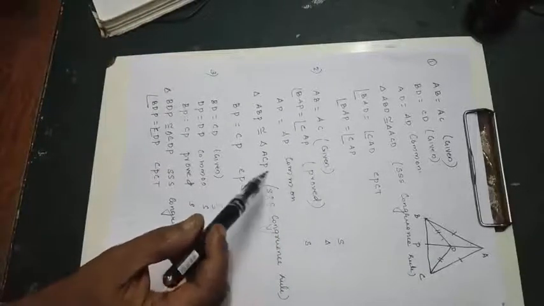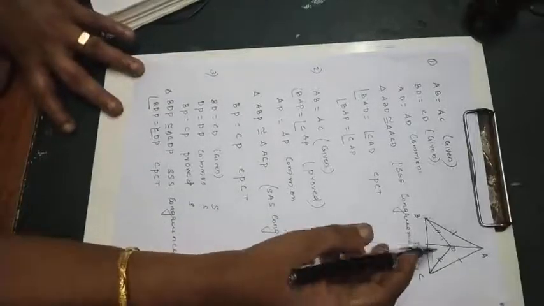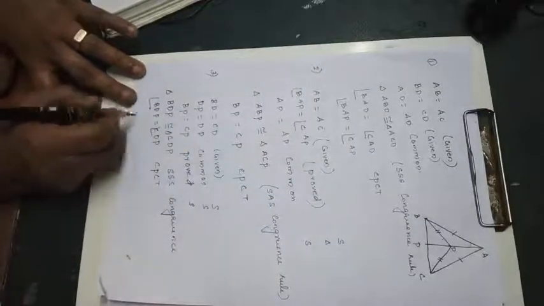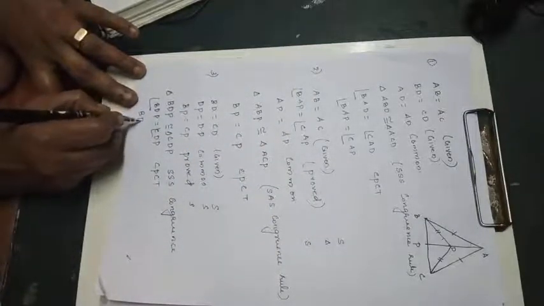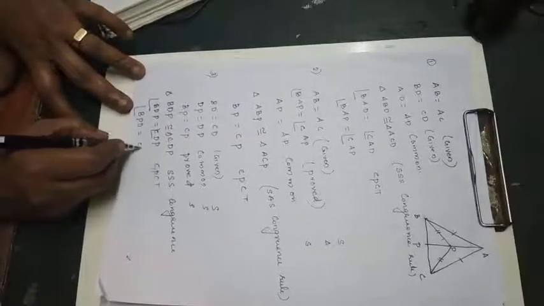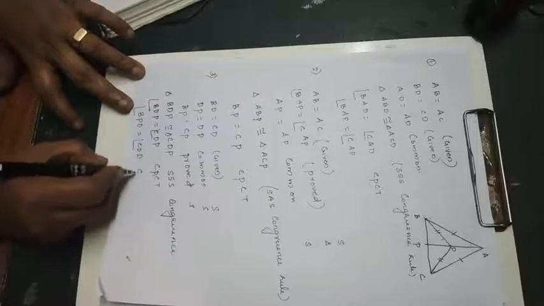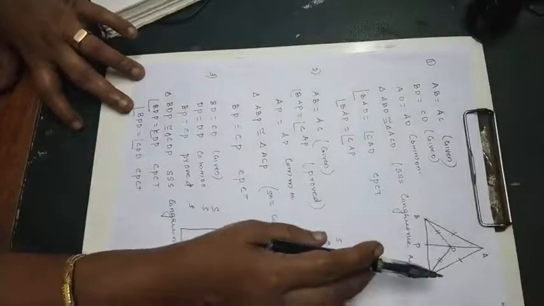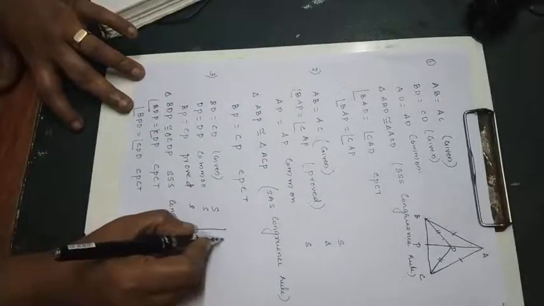Now the fourth one. When you are proving this third one, you can take angle BPD equal to angle CPD by CPCT, that is corresponding parts. But when you look at the diagram, BPD and CPD form a linear pair.